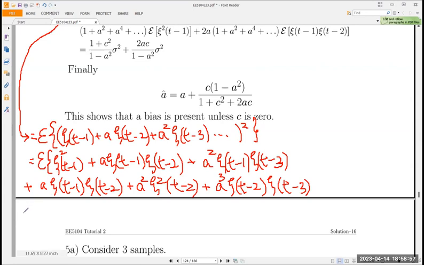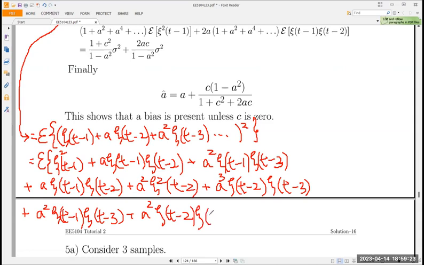I just do one more row. Then this one times this, you will get 0 because the indices differ by 2. Then this one multiplied by itself, you will get a value.